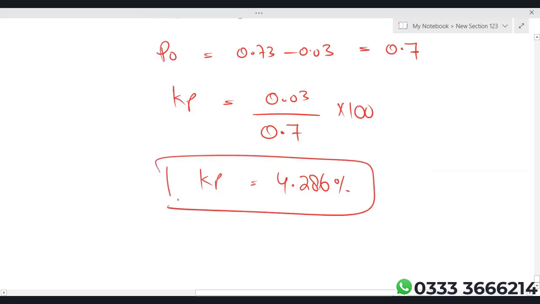If examiner gives you redeemable preference shares, number one, categorically it will be written as redeemable.